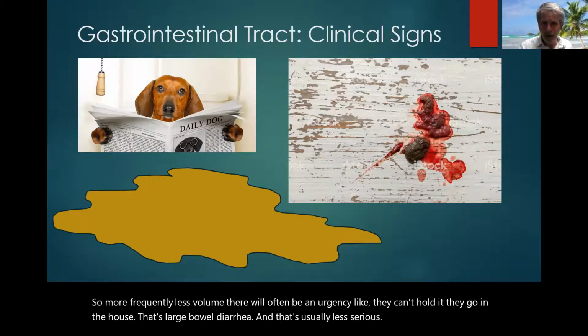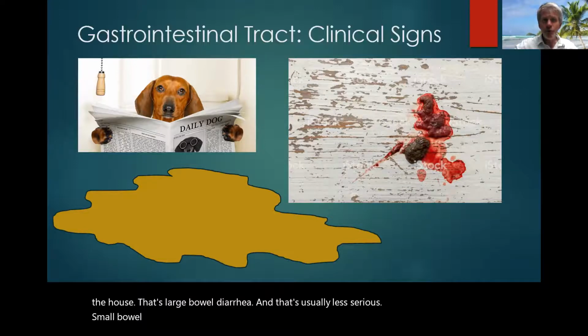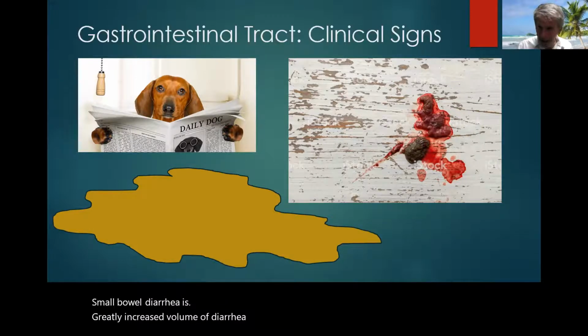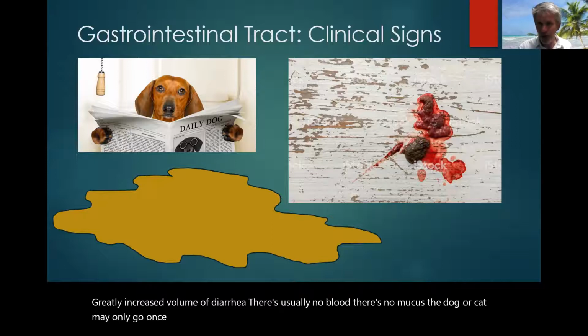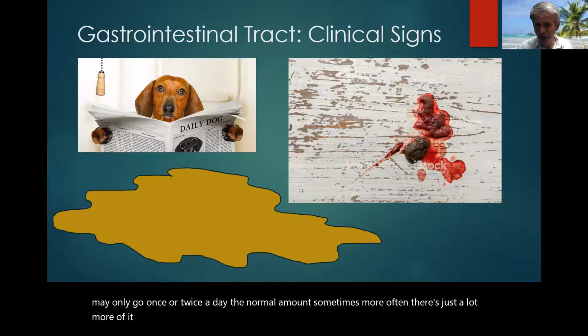Small bowel diarrhea is a greatly increased volume of diarrhea. There's usually no blood, there's no mucus. The dog or cat may only go once or twice a day, the normal amount, sometimes more often. There's just a lot more of it. And there's often weight loss involved.